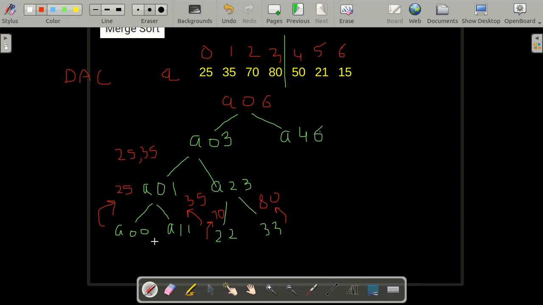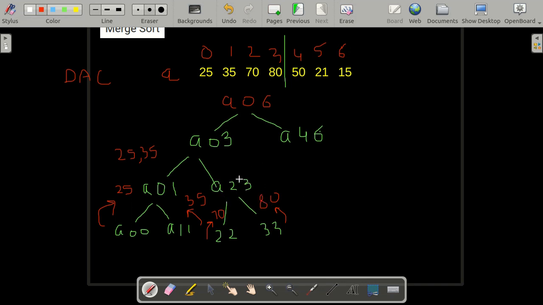The only thing is that these indexes are sorted in that array. When I return 0, 1, this means that my array A is sorted from index 0 to 1. When we return an answer from here, it will mean that my array A is sorted from index 2 to 3.